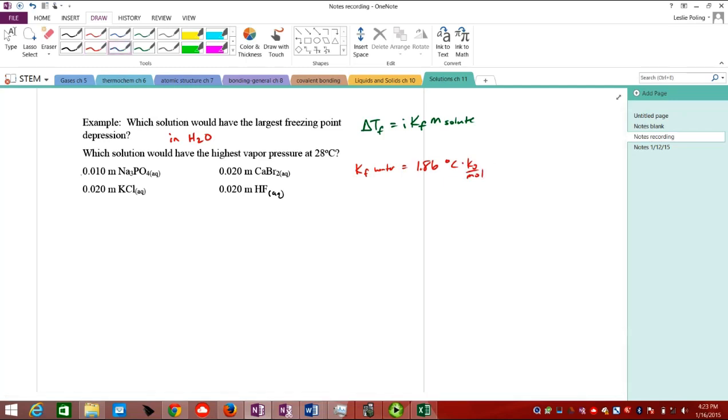So, this one. This would separate into 4 ions. So we would have 4 times 1.86.